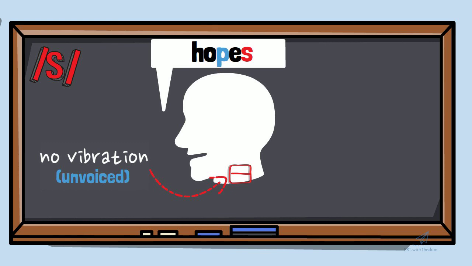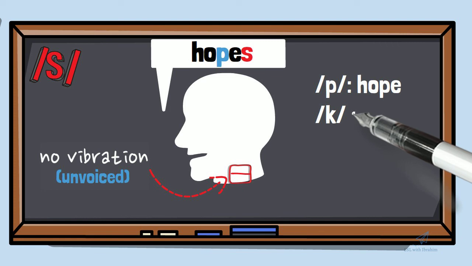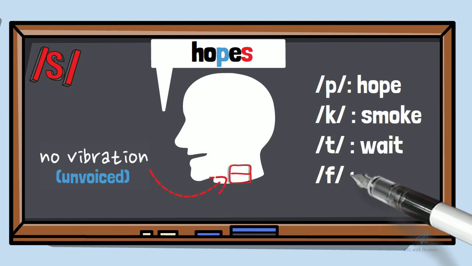Hopes. Say it a few times. Feel your voice box not vibrating. Hopes. And again, the letters don't matter. It's the sound that you should pay attention to. Let me give you the whole list of unvoiced consonant sounds. Now you already know the first one. It's /p/. The rest is /k/, /t/, and /f/.